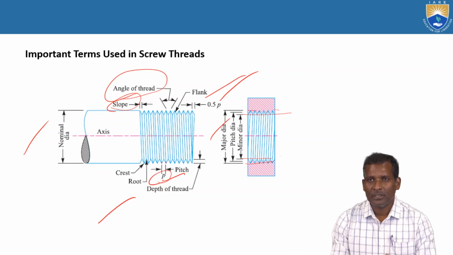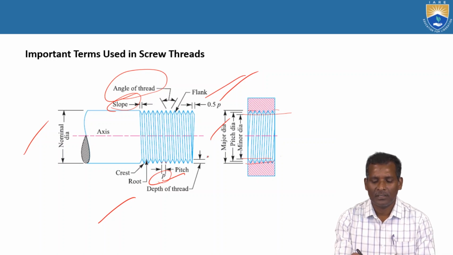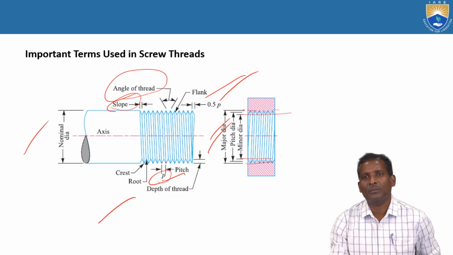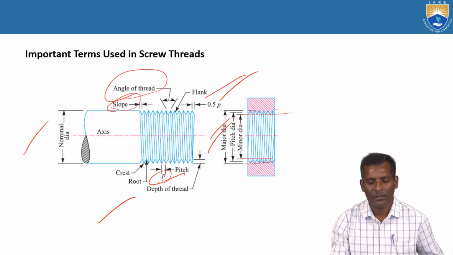It is an imaginary circle drawn through the crest, so that is called the major diameter circle. You can calculate major diameter, pitch diameter and minor diameter.